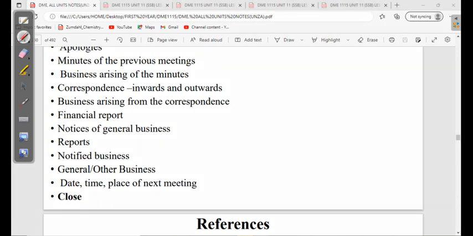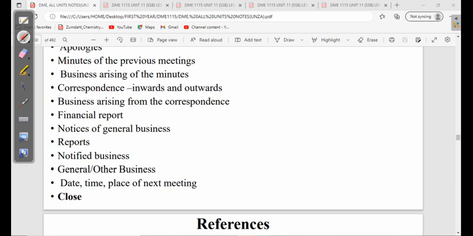And also correspondences, inwards and outwards, business arising from the correspondence, and financial reports. This is where the treasurer brings out how they were spending the money throughout the previous operation. And also notices of general business. What were some things which were happening?